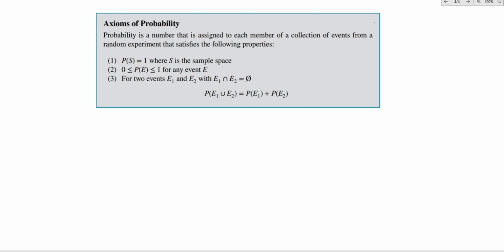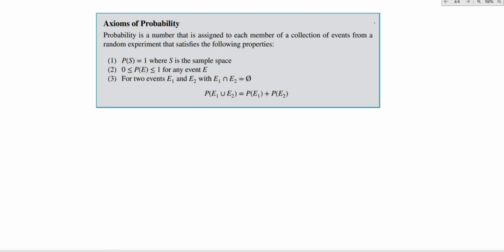We define a sample space which we are going to use for our analysis, and this sample space is represented with the letter S. So what the first property is saying is that the probability of all the outcomes in the sample space, the sum of all the outcomes in the sample space, should be equal to 1.